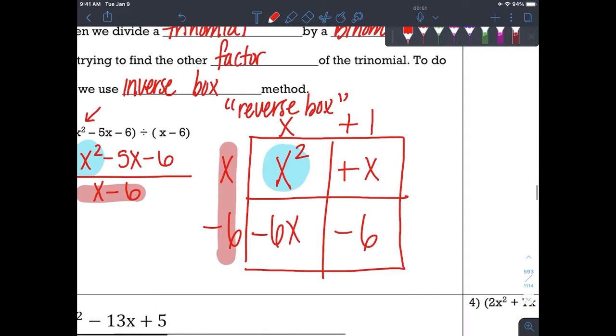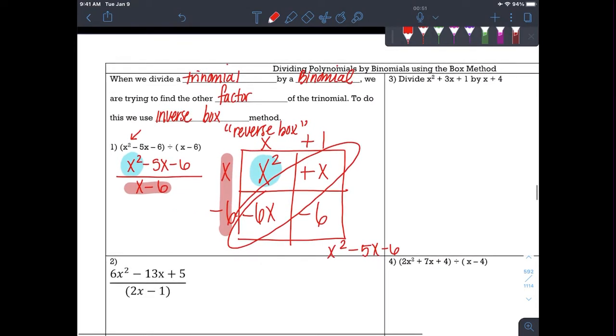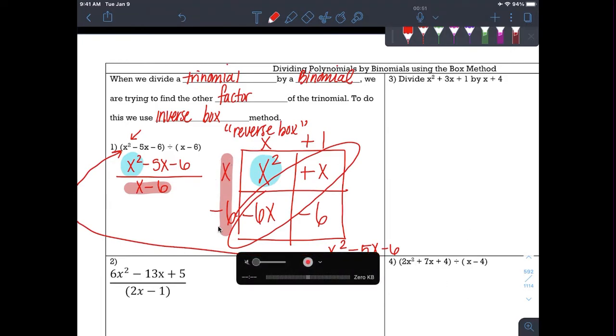Now I verify by combining like terms to see if it matches the expression up here, and it does. The other way to verify this is to make sure that this factor times this factor gives me this equation.